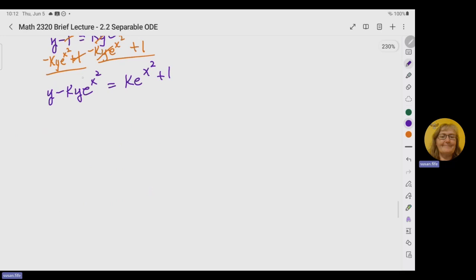And we're almost done. On the left side, we could factor out that y to get 1 minus k e to the x squared. And then divide by 1 minus k e to the x squared.